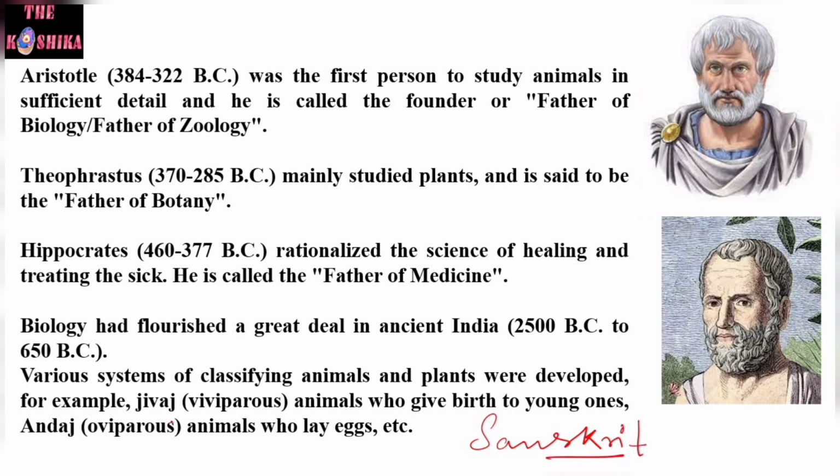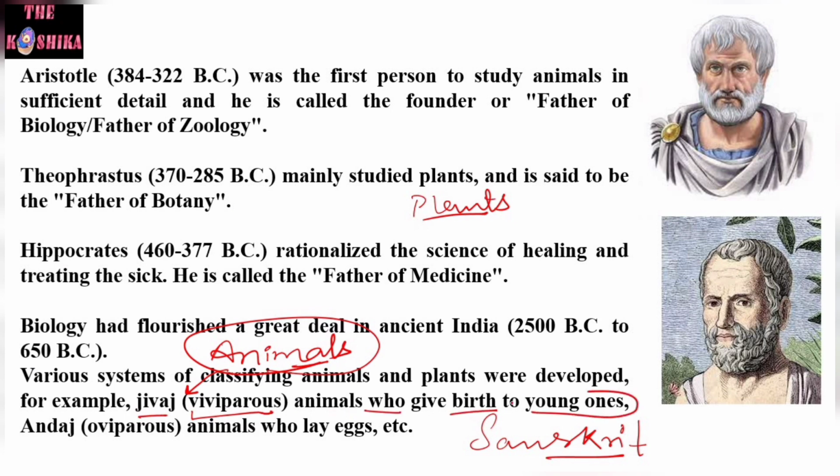You can divide the living organisms, especially the animals, not the plants, because plants are categorized differently. The animals are categorized into Jivaj. Jivaj are those animals that are viviparous, simply meaning the animals who give birth to the young ones, the babies, like human beings.